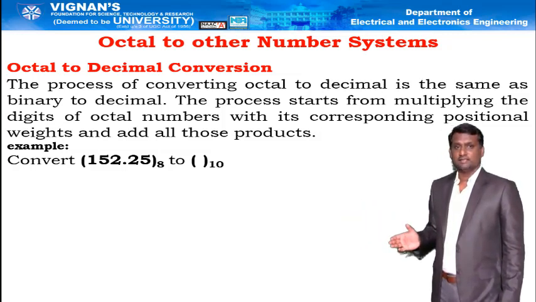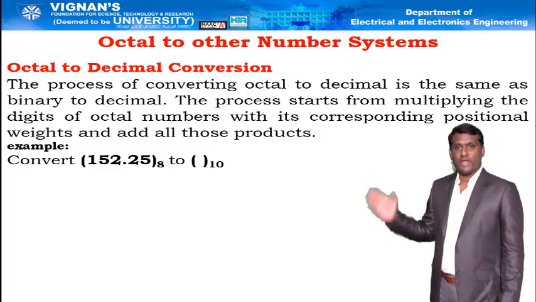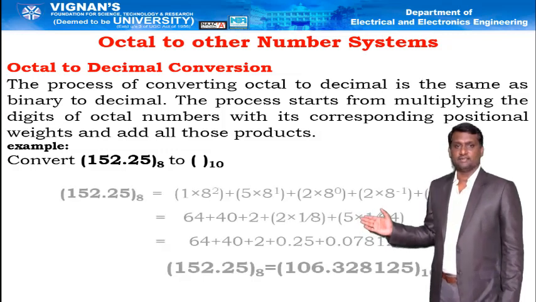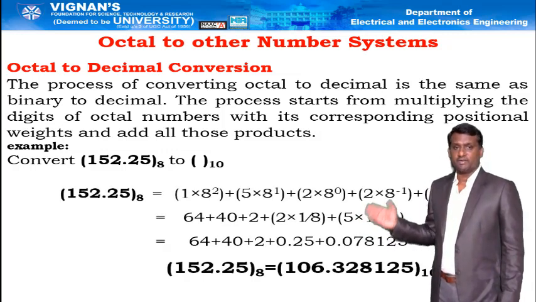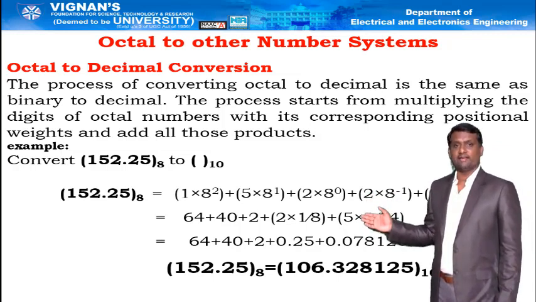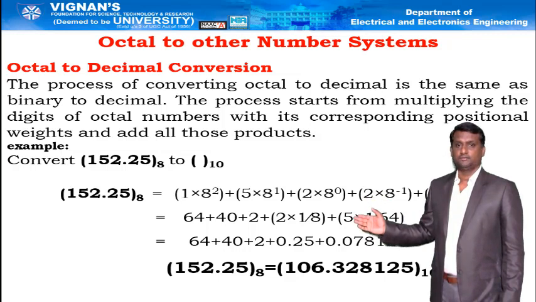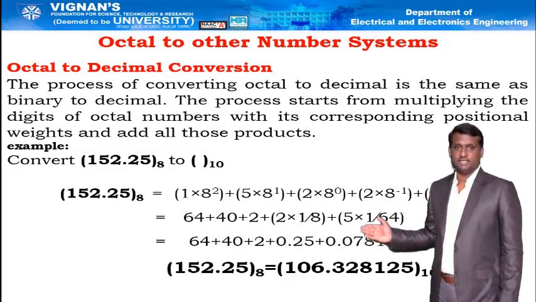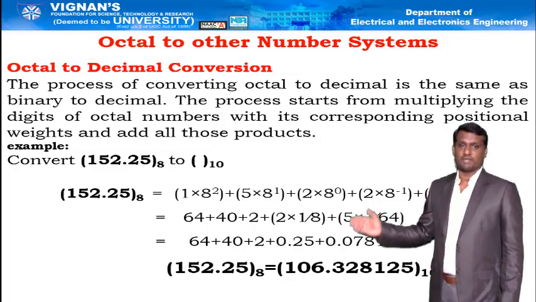So multiplying the positional weight with its given octal digit, that is 8 power 0 into 2, 8 power 1 into 5, 8 square into 1. Similarly, 8 power minus 1 into 2, 8 power minus 2 into 5. And its equivalent multiplication values are 64, 40, 2 and 2 into 1 by 8, 5 into 1 by 64.